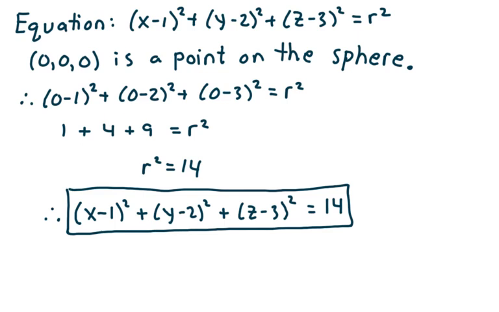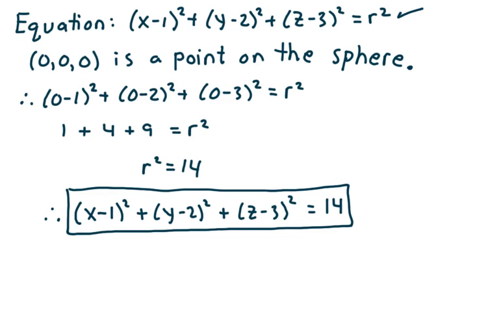But remember, we know that (0, 0, 0) is a point on the sphere. And so I'm going to replace x with 0, y with 0, and z with 0. And we can now solve for r squared. Because remember, (0, 0, 0) is a solution to this top equation.